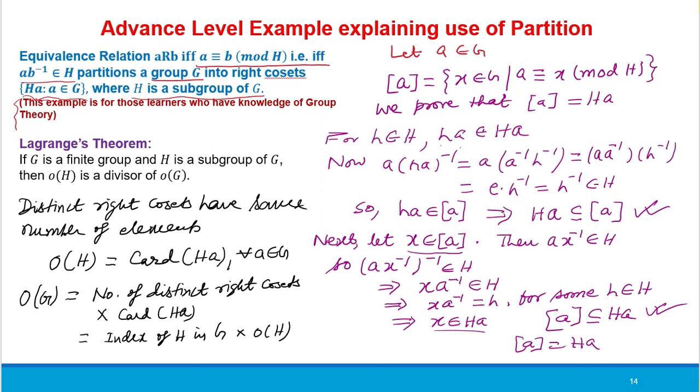It means the number of elements they possess, and therefore we can see that order of G is a multiple of order of H, and so order of H divides order of G, which is the famous Lagrange's theorem. If G is a finite group and H is a subgroup of G, then order of H is a divisor of order of G.